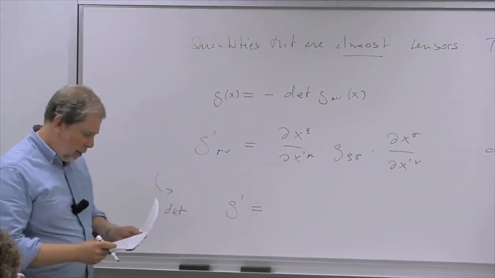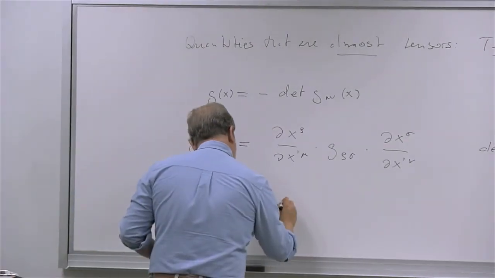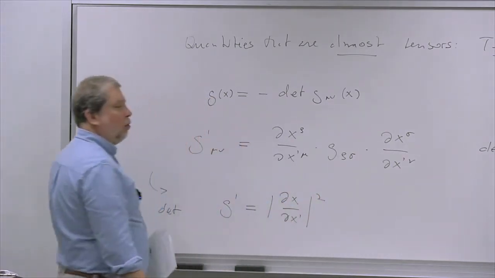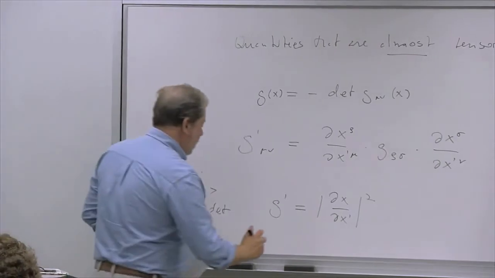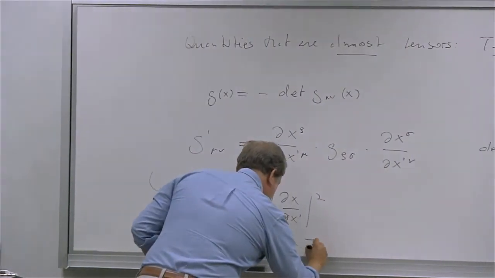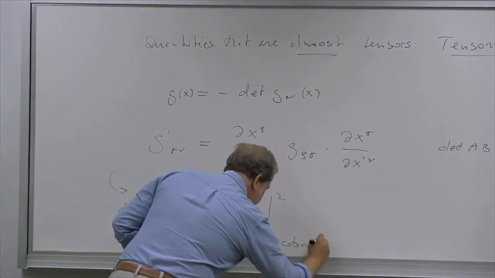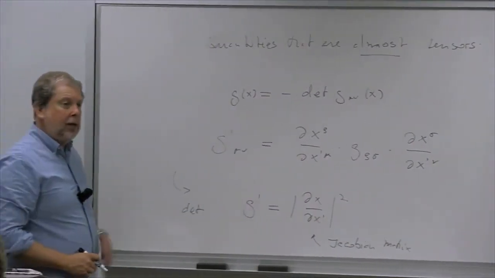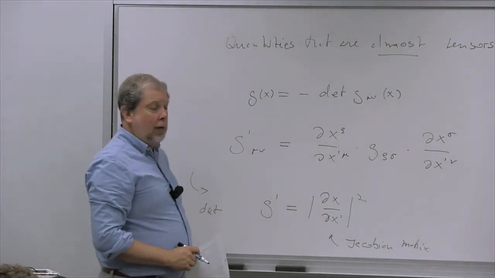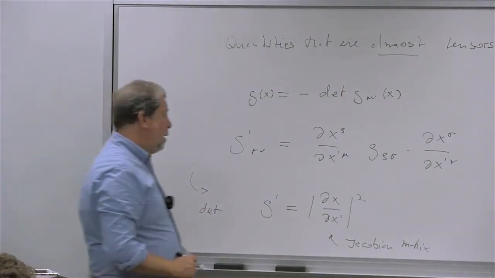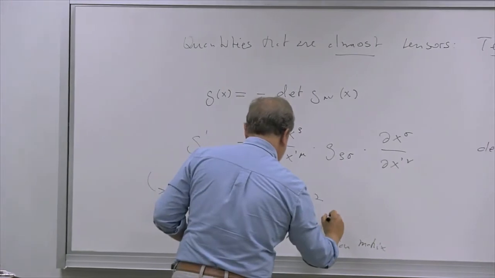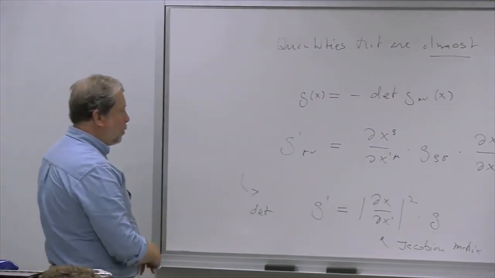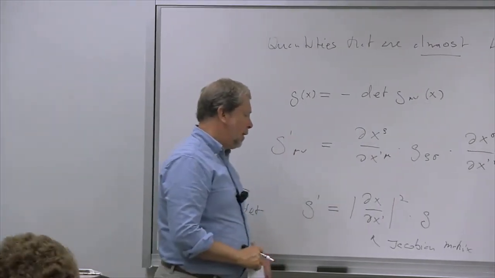So you get the determinant of dx by dx prime, and you're going to get that twice, the Jacobian matrix, the matrix built out of the derivatives of the x with respect to the x prime, and then times the determinant of this guy. So that is just g, or minus g. The sign cancels out, so it doesn't matter.